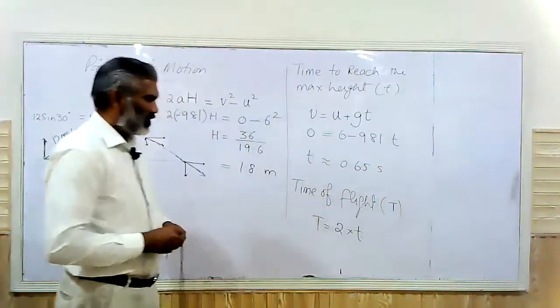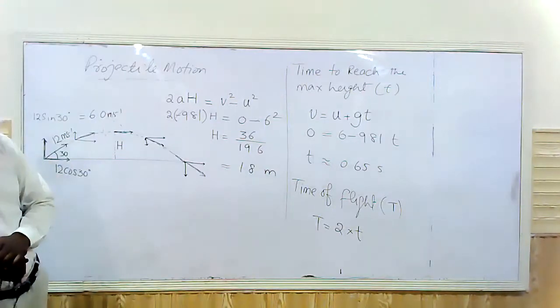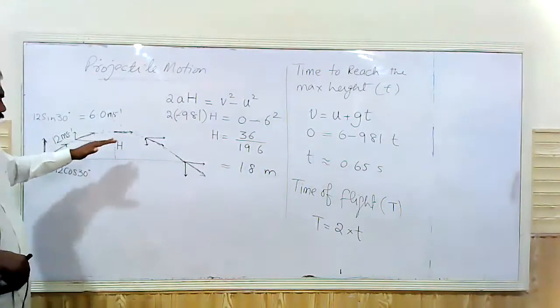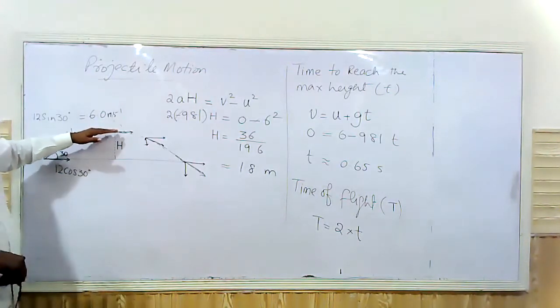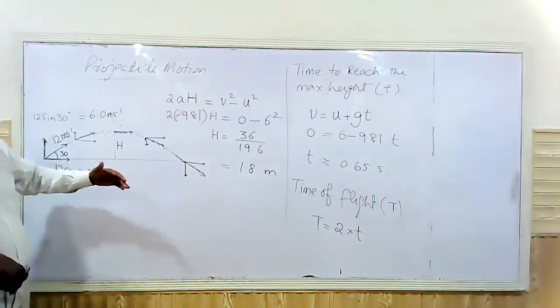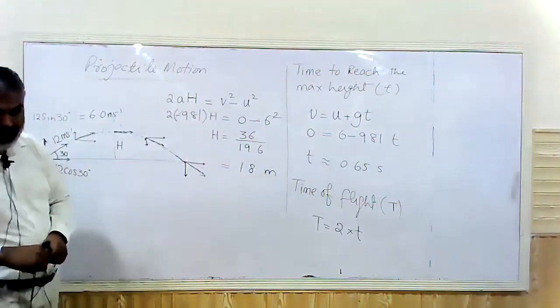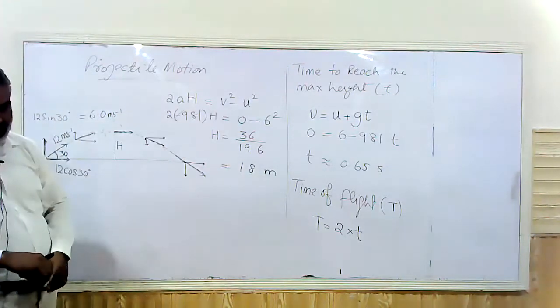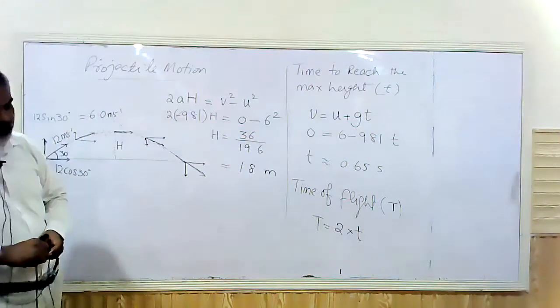So that is approximately 1.2 seconds, the total time. It will take a certain time to reach the maximum height, and in exactly that same time it reaches the ground level. So 2 times the time taken to reach the maximum height is the time of flight, the time for which the object has remained in the air.